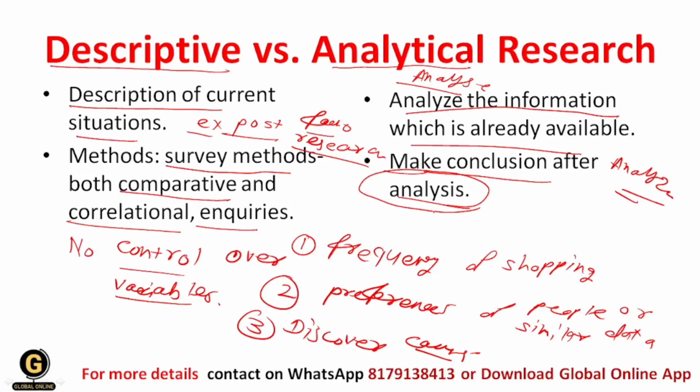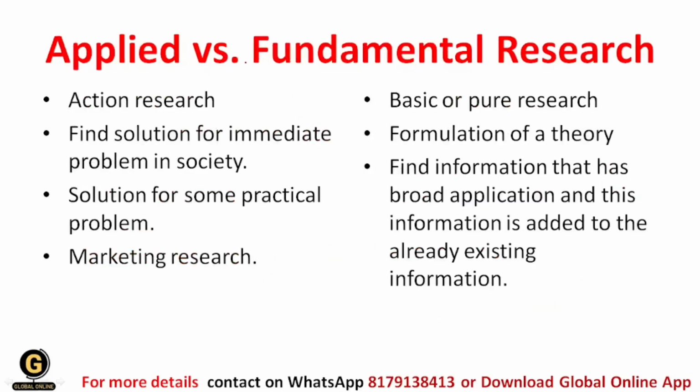Now students, let us see what is applied and fundamental research. As the name suggests, applied means we are doing application, or it is based on some other things. And what is fundamental? As we know, fundamental means basic thing or the pure one. So let us see what is applied research. Applied research is also called action research.